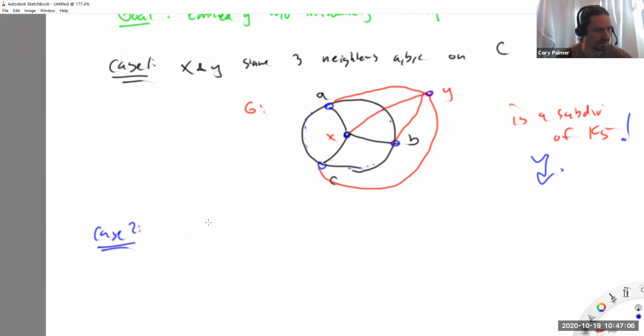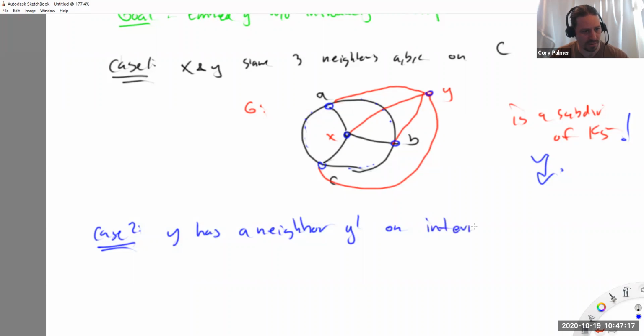So here's the second case. Y has a neighbor, Y prime, on the interior of some Pi, and a neighbor Y2 prime not on Pi at all.